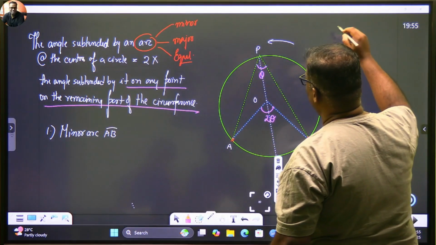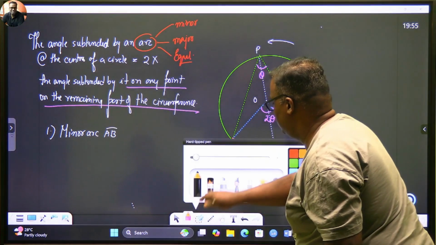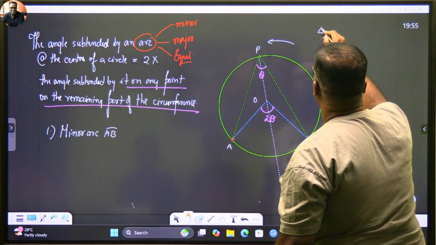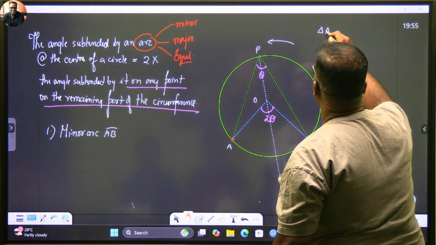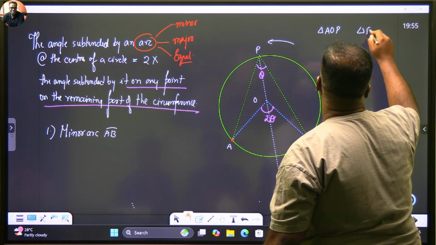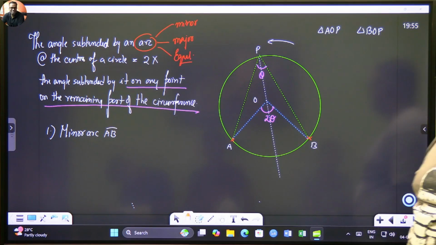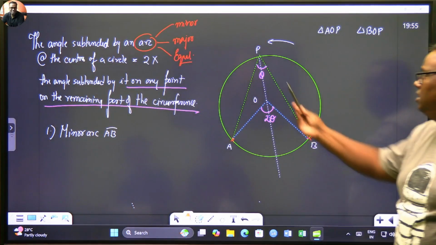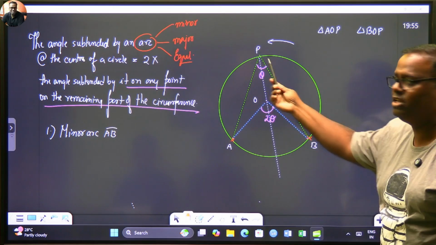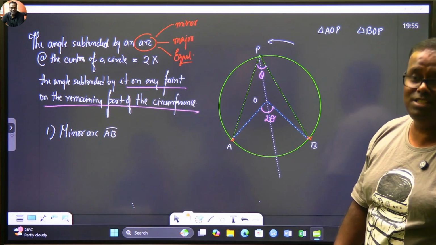So concentrate on the triangles AOP and BOP. Don't you think both are isosceles triangles? Yes. This is radius, this is radius, this is radius, this is radius. I told you in last class that in isosceles triangles, the base angles are same.